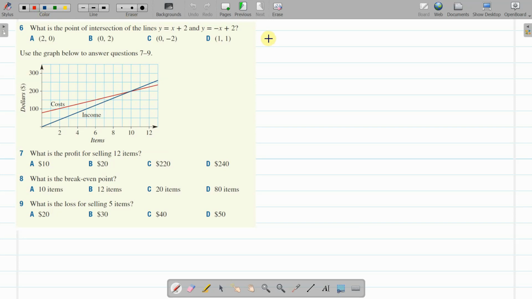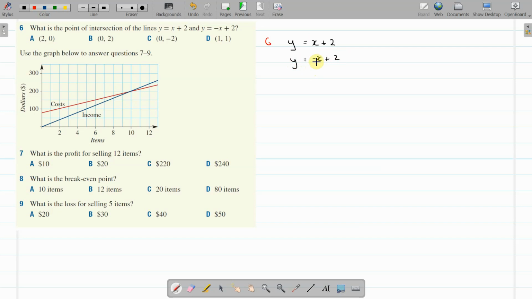Okay, now question 6. I'm going to do this two ways. The long way, which you would probably need to know about, but there's a short way as well. I'm going to do this by using the elimination method of simultaneous equations, and just put the equations underneath each other.